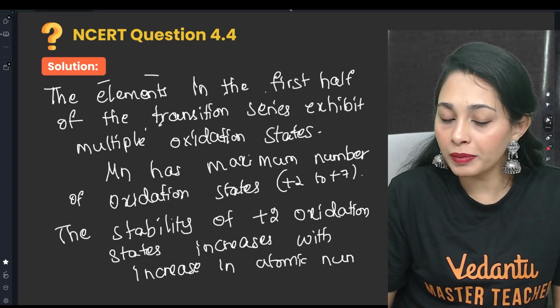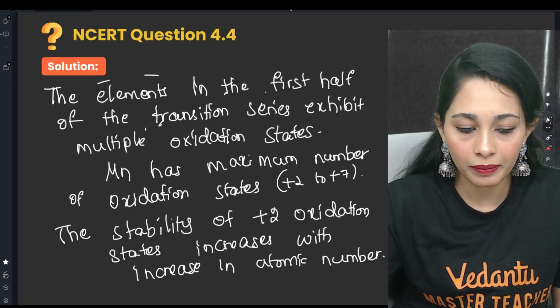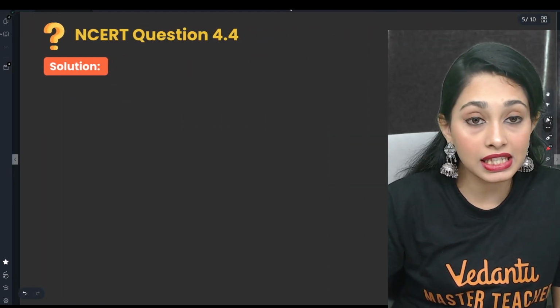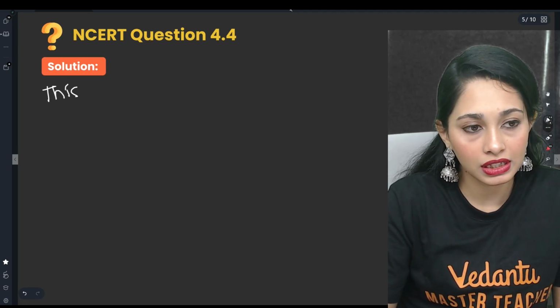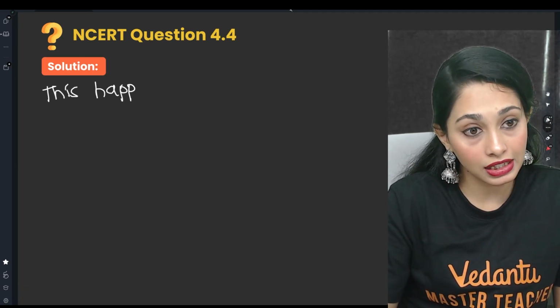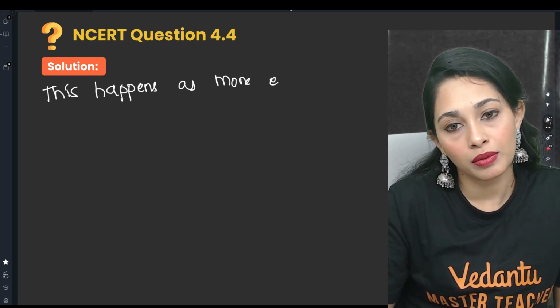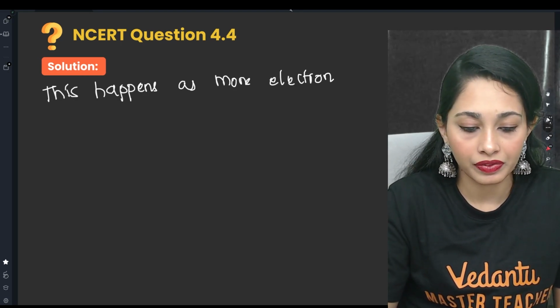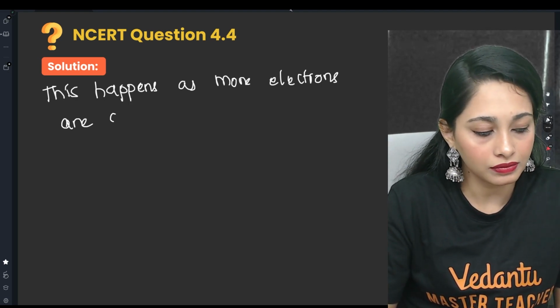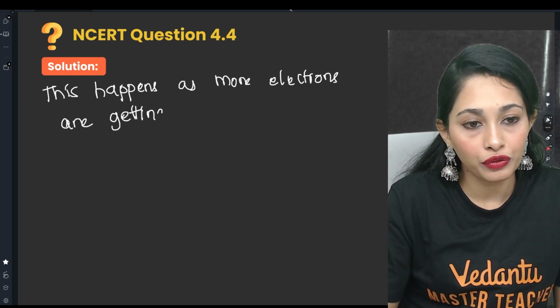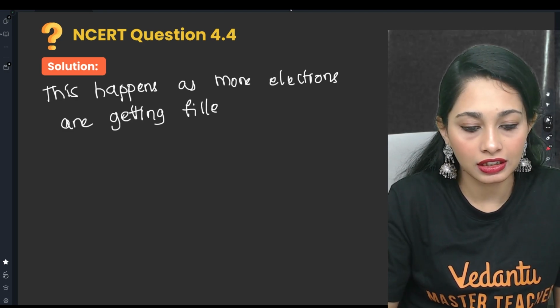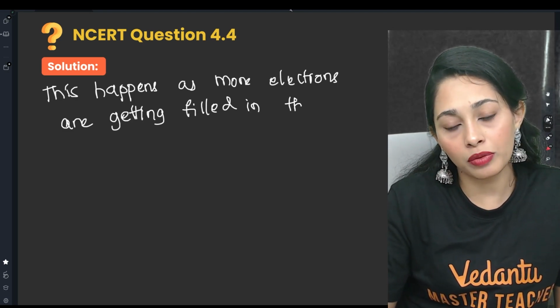So scandium's atomic number is 21. Okay. So why does this happen? This happens as more electrons are getting filled in the d orbital.